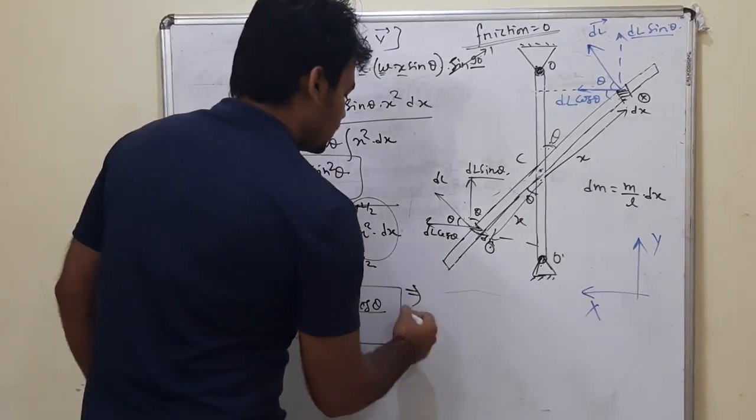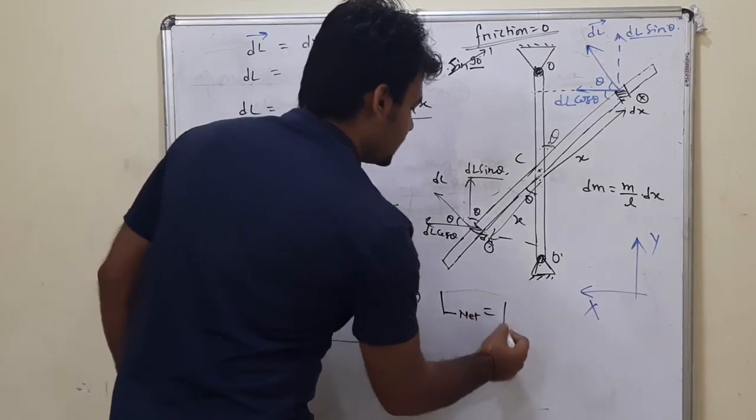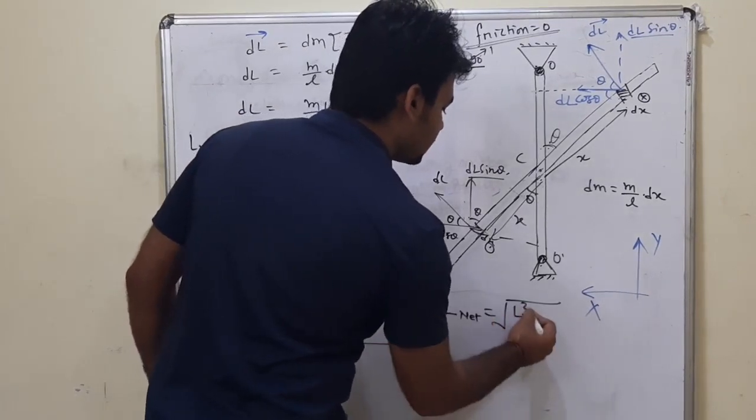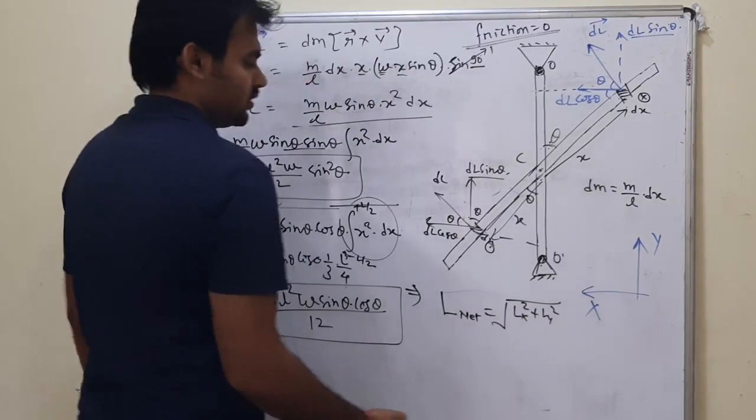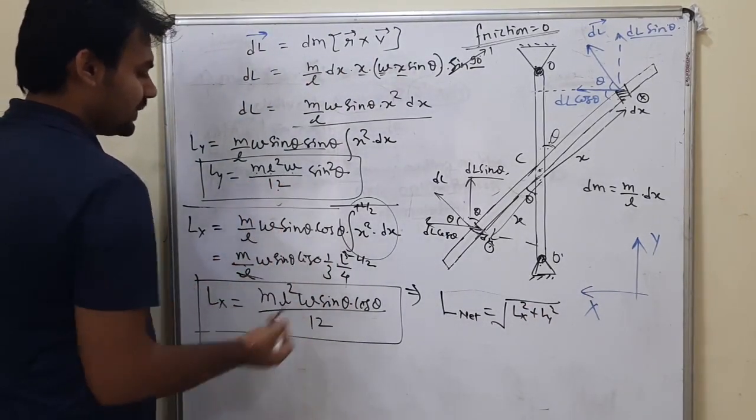Okay, now the total angular momentum, L net, about the point C will be the square root of Lx square plus Ly square. So you can say this is m l square omega divided by 12.